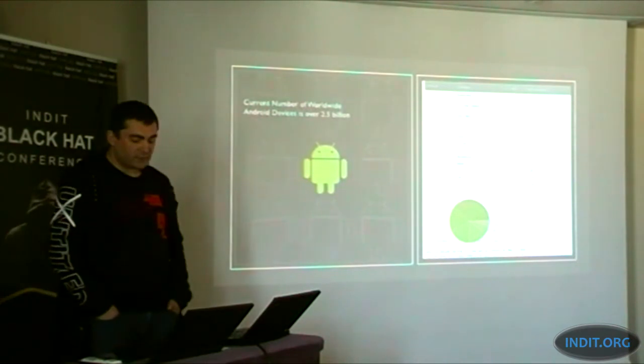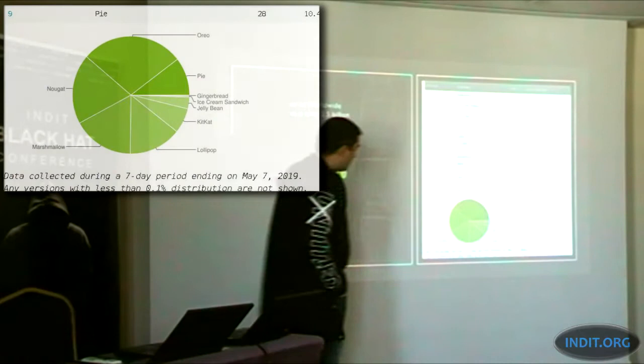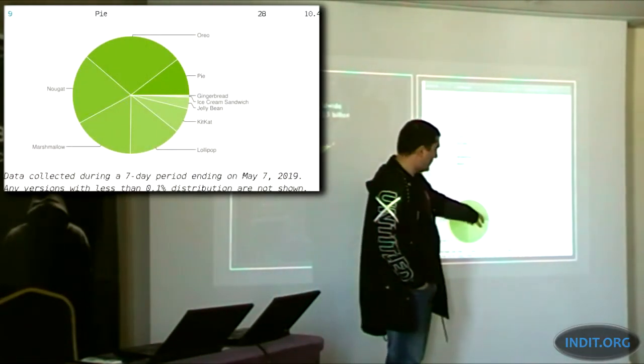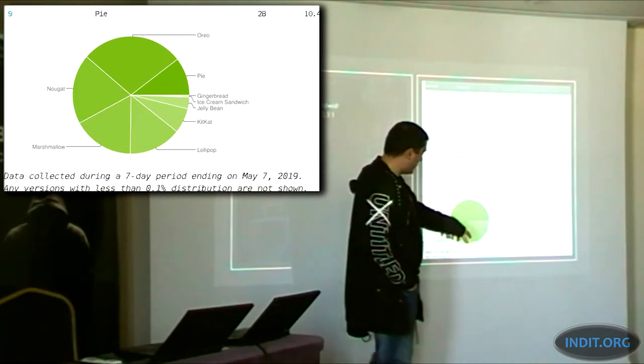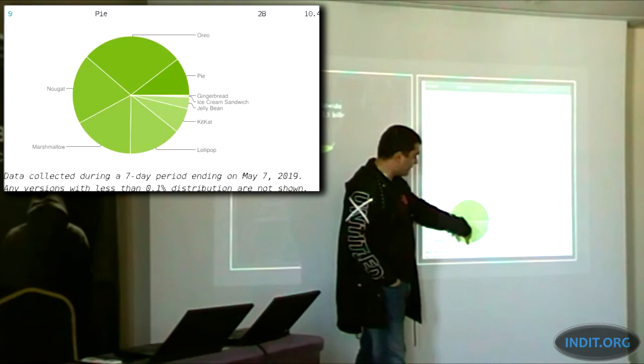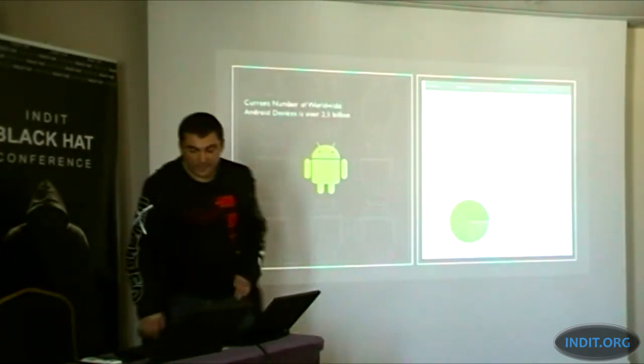As shown on the chart, these are the versions of Android 6, 7, 8, and 9, which are basically on the market. All this cluster is versions of Android 5 and below, still running up to date.